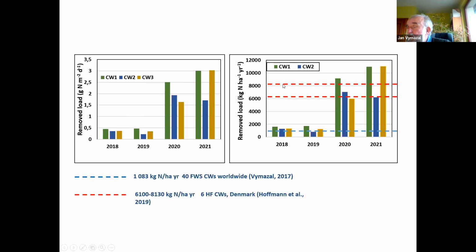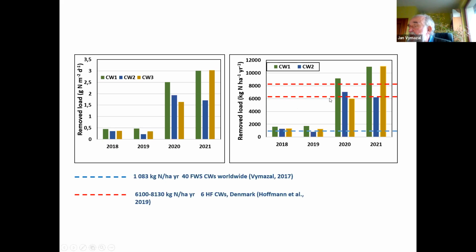And these red lines are from a study from Denmark, where at the University of Aarhus they have been doing this for maybe 10 years already. And they have subsurface flow constructed wetlands as well. And their removal was roughly between 6,000 and 8,000.